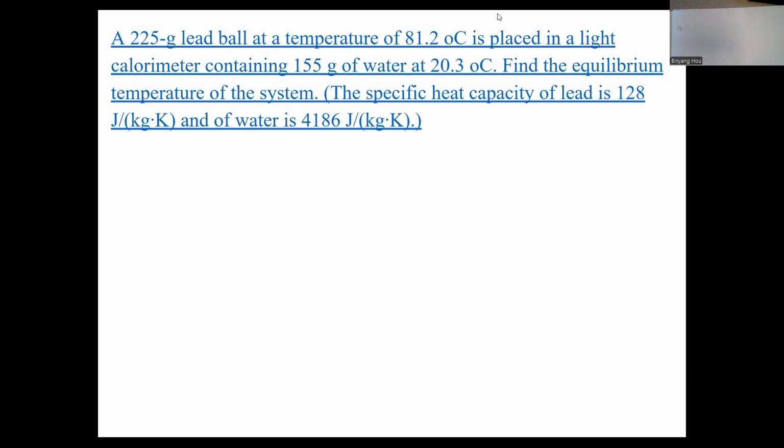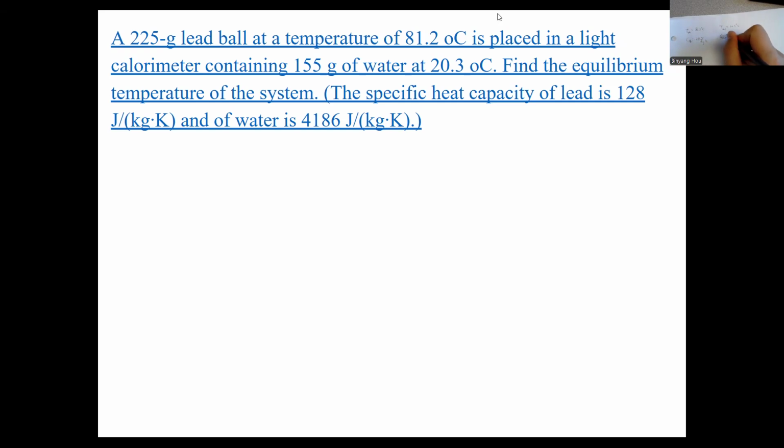So we have temperature of lead. I will use temperature and the chemical symbol here for the subscript, 81.2 degrees. Temperature of water, H2O, is 20.3 degrees. Okay. Heat capacity of lead is given as 128 joules per kilogram degrees Celsius.